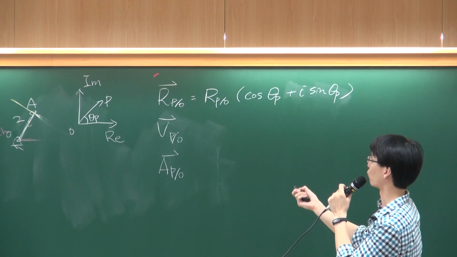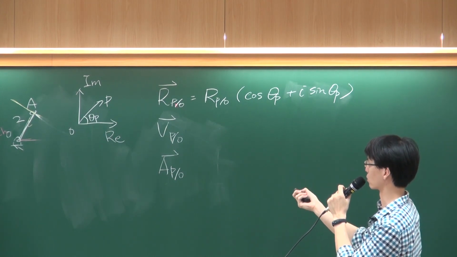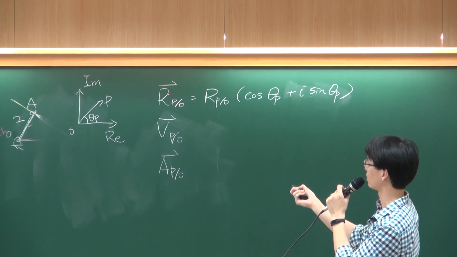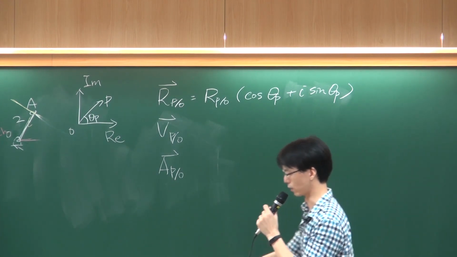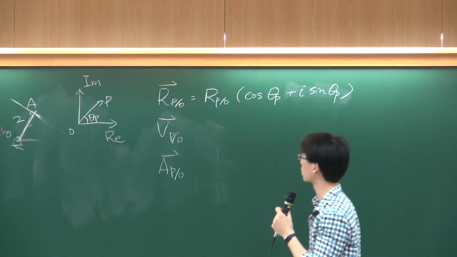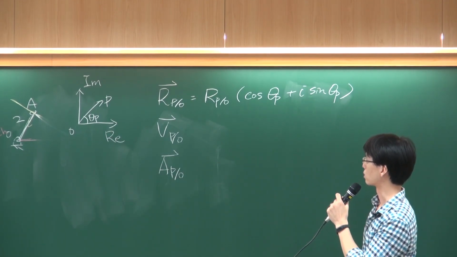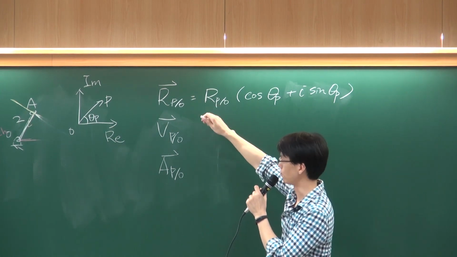But this one is universal. You can use it to represent any relative displacement between 2 points. This O can be fixed or it can be moving.